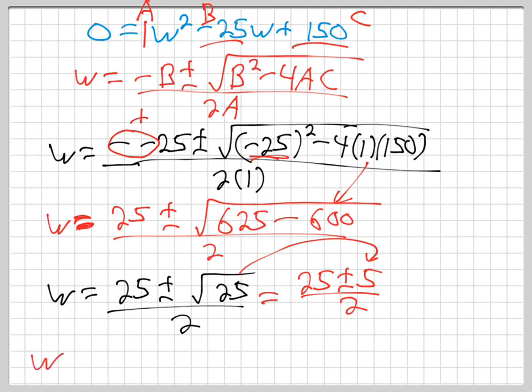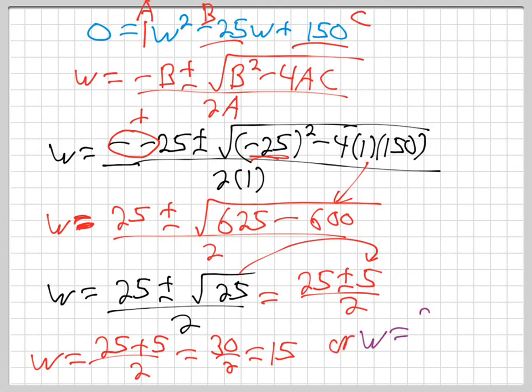So that means W is 25 plus 5 over 2, which would be 30 over 2, 15. Or the other option, W is 25 minus 5 over 2, which is 20 over 2, so W is 10. So W is either 15 or it's 10.